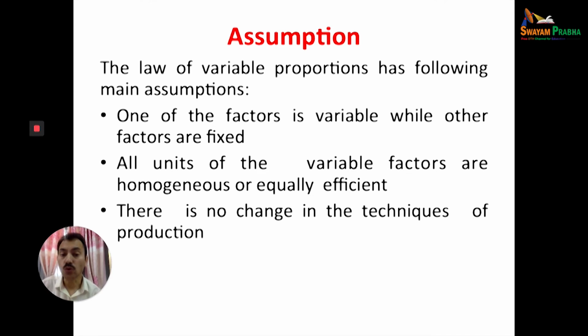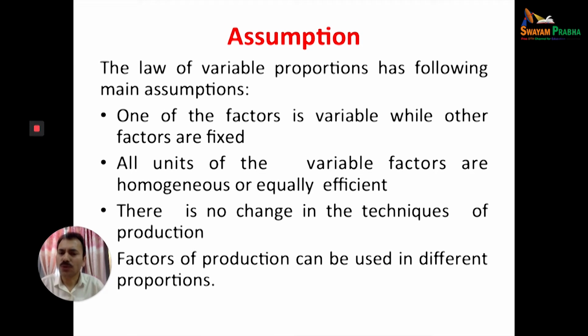Similarly, there is no change in techniques of production, although again this is a limitation. How is it possible that there is no change in techniques of production? But we have to assume that there is no change in techniques of production when we are discussing this law of variable proportion. This is another important assumption, that there is no change in technology.